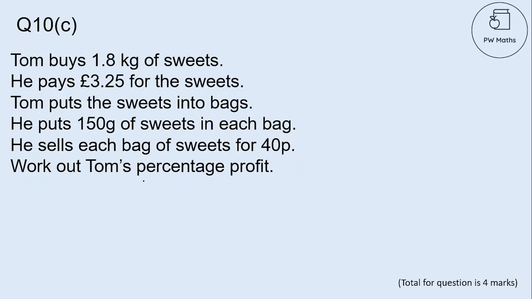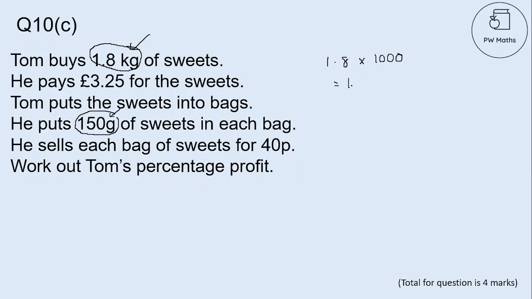So with questions like this, sometimes it can be a bit tricky figuring out where to start. I'm probably going to start here with how many sweets he has. 1.8 kilograms. The thing I notice is this is in kilograms and this is in grams, so I'm going to turn them into the same thing. Now there are 1,000 grams in a kilogram, so 1.8 times 1,000.